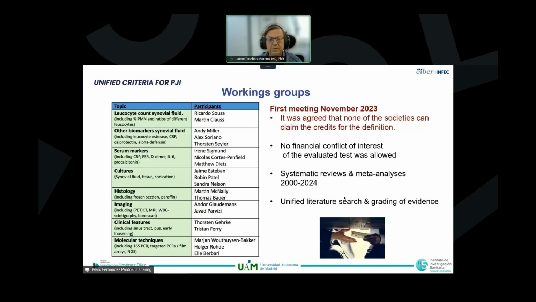We established that none of the societies can claim the credits for the definition, and we established different working groups for the evaluation of the different methodologies to perform the diagnosis of prosthetic joint infection, and to perform systematic review and meta-analysis using common literature search and grading of evidence.